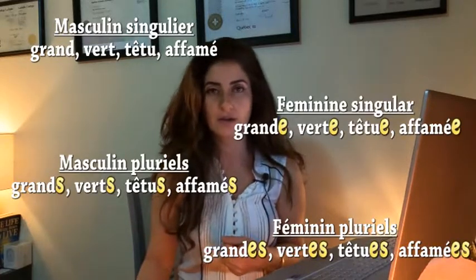These are adjectives. The same rule will apply. Masculine, you write it the regular way. Feminine, you add an E. Plural, masculine, you just add an S. Feminine plural, you add an ES. So, example, big, green, stubborn, and hungry.